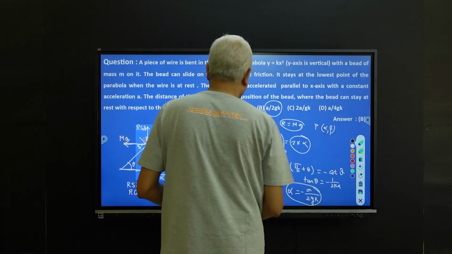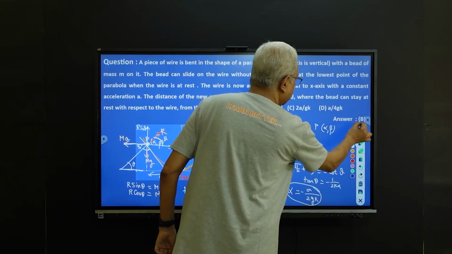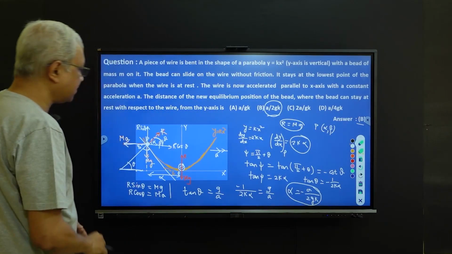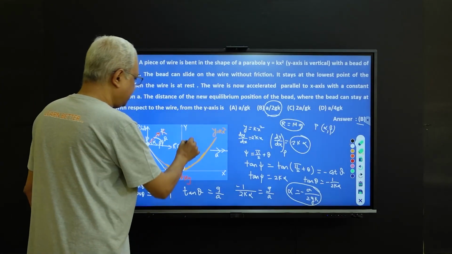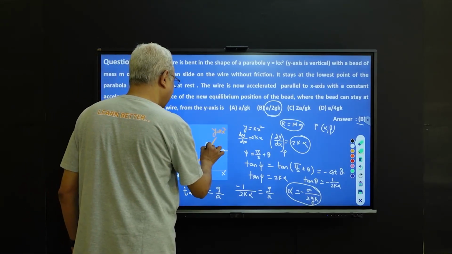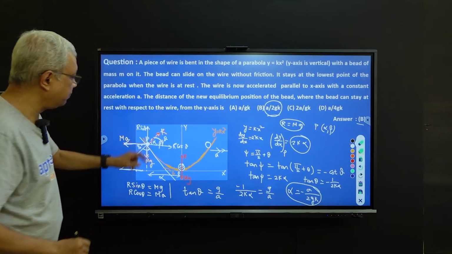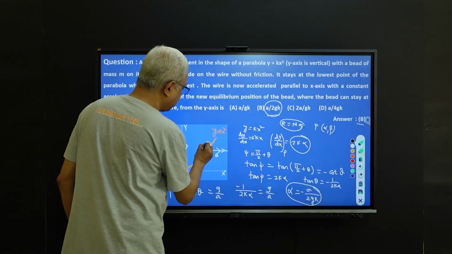Now the question arises, so this is the correct answer, answer is B. Now the question arises whether the bead can be at equilibrium if we place it at a point like this.